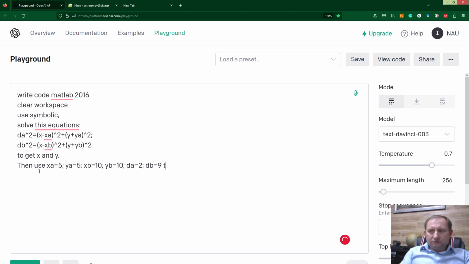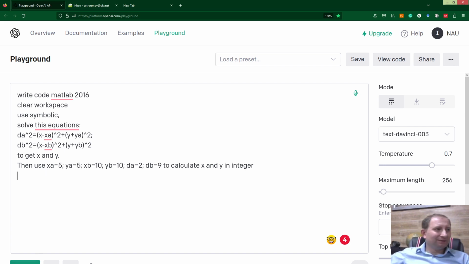And also let's specify to calculate x and y in integer. I think I'm ready to run it. Thus, let's check how it works with ChatGPT. Okay, we will run it.